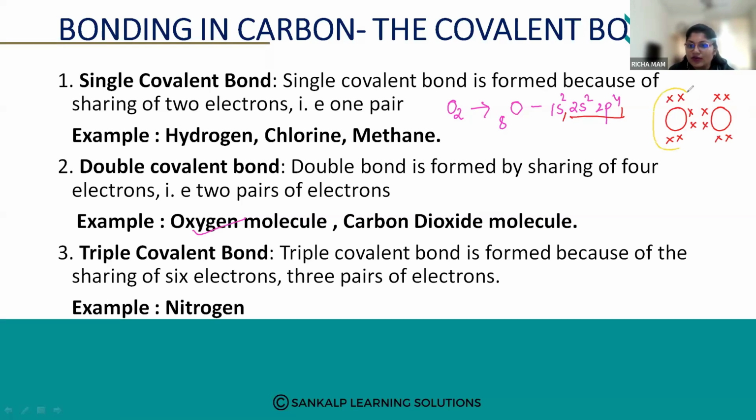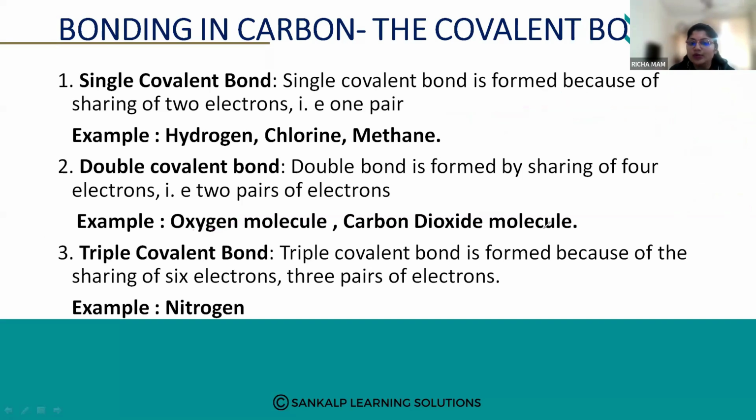This is of one oxygen, this is of another oxygen, and the sharing of electrons is between these two. So this will form one bond, and this will form another bond. So oxygen, double bond, oxygen. Like this, this is your O2 molecule. So when four electrons are shared, it will form a double covalent bond.